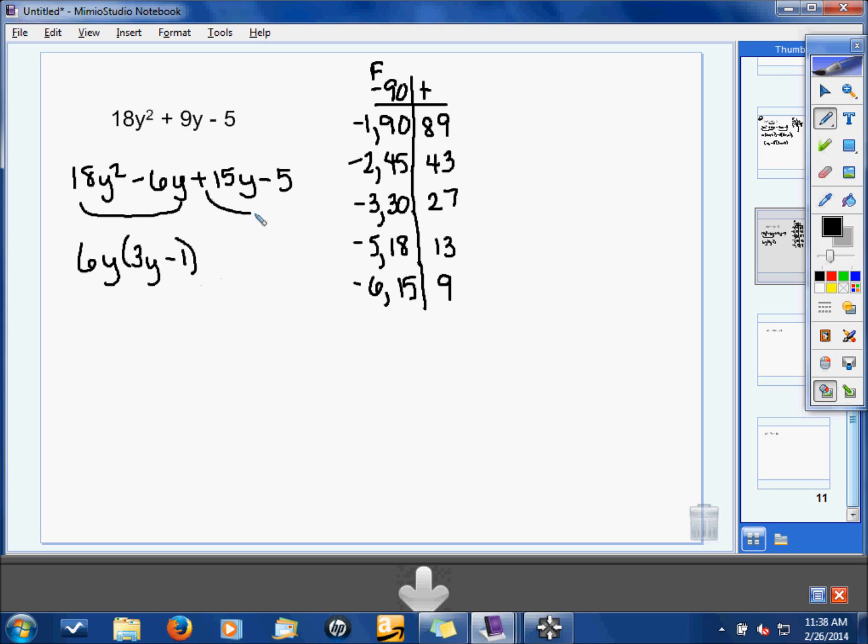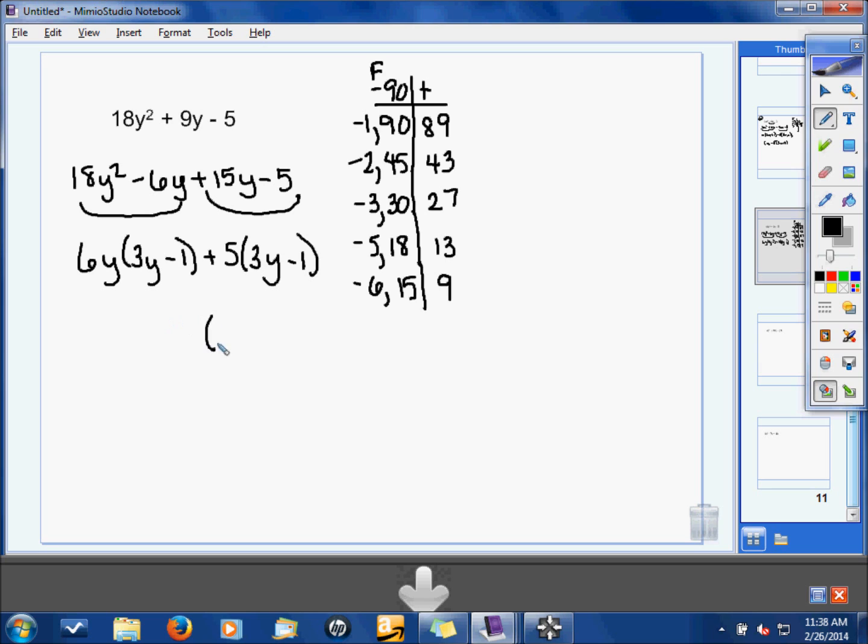What's in common for these last two terms? 5. 5 times what is 15y? 3y. 5 times what is negative 5? Negative 1. Happily they match. Wow.